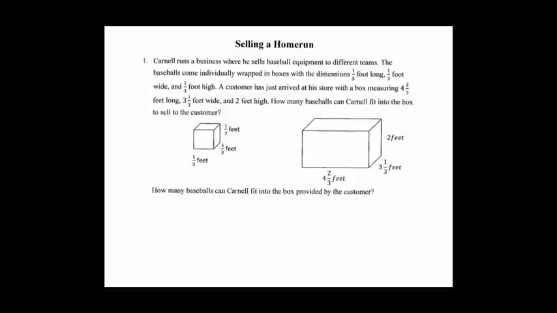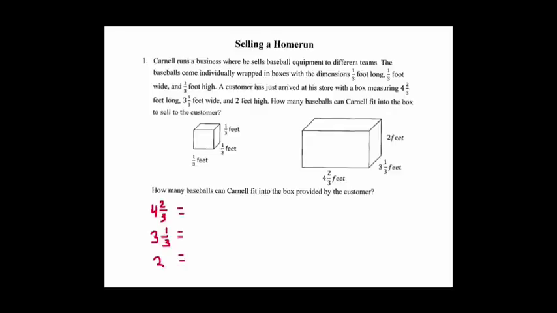So the first part, how many baseballs can Carnell fit into the box provided by the customer? Now remember that the baseballs are 1/3 feet by 1/3 feet by 1/3 feet. So let's take a look at each of our side lengths. We have 4 2/3.